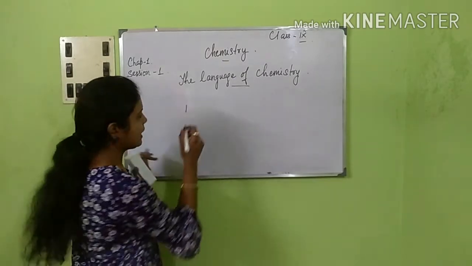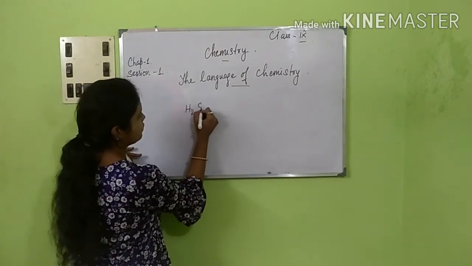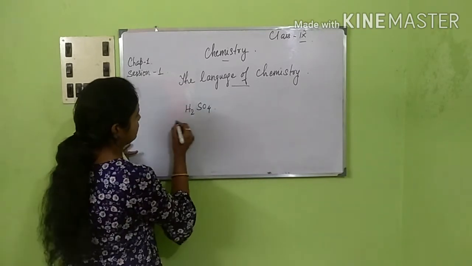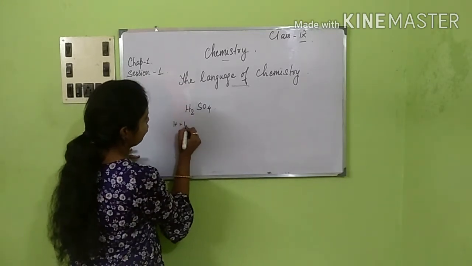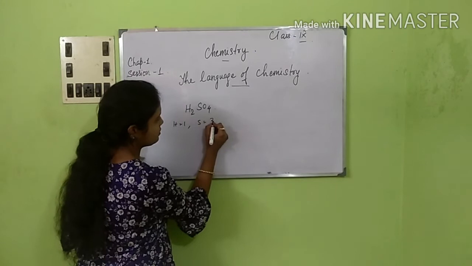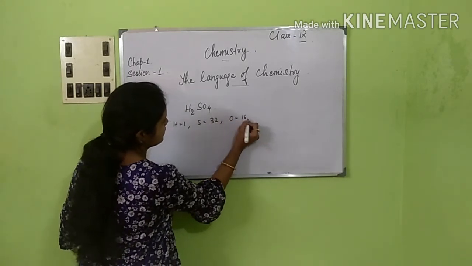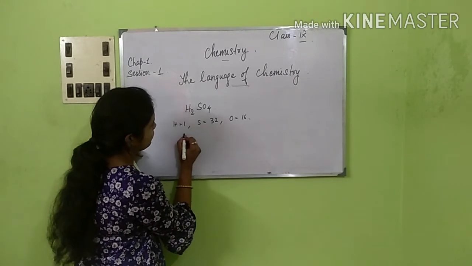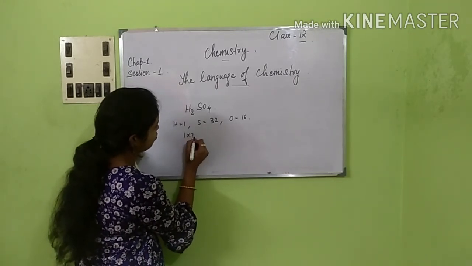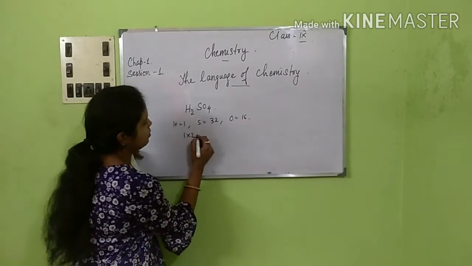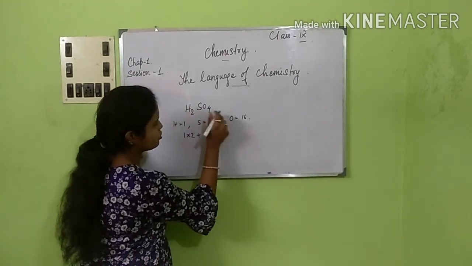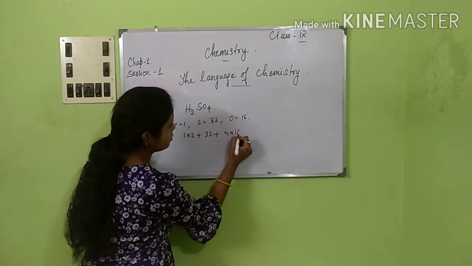Okay. Calculate the molecular weight of H2SO4. This is an acid, right? Hydrogen is 1, sulfur is 32, oxygen is 16. So we will do 1 into 2, since there are 2 hydrogens, plus sulfur, there is 1, 32, plus oxygen, there are 4, that means 4 into 16.